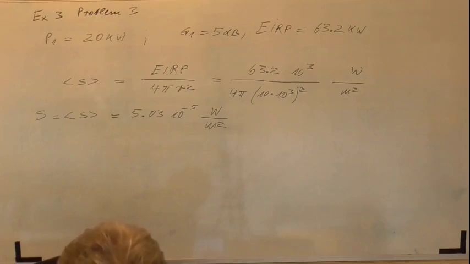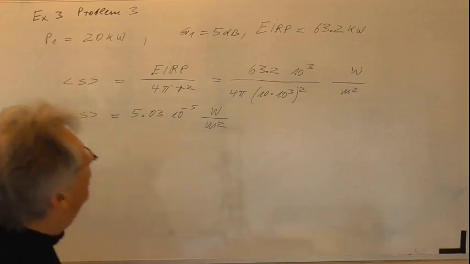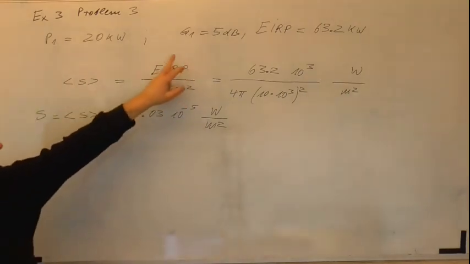Here, because the radiated power is equal to the integral of the power density over the area, right? But here we only divide it by the area of the whole sphere. So are we assuming anything to be uniform? No, you mean this equation in principle?